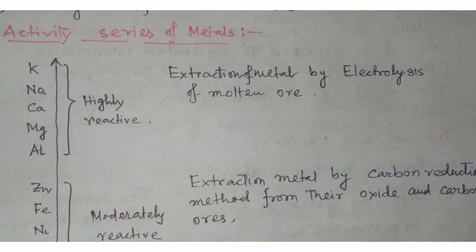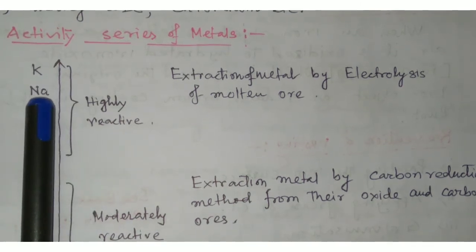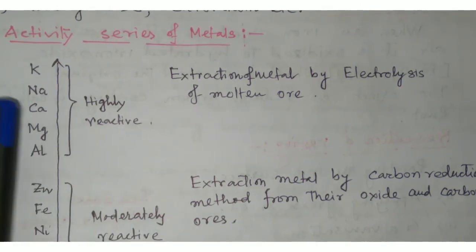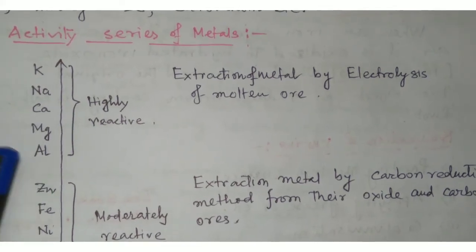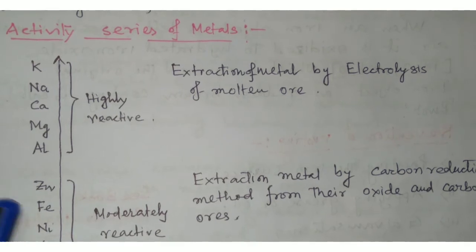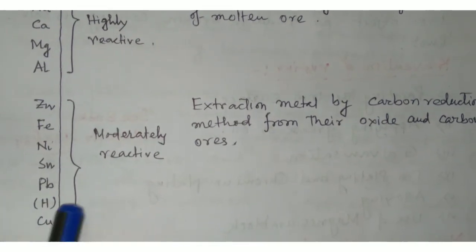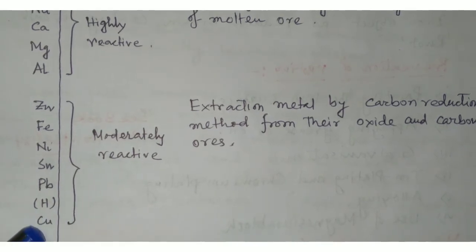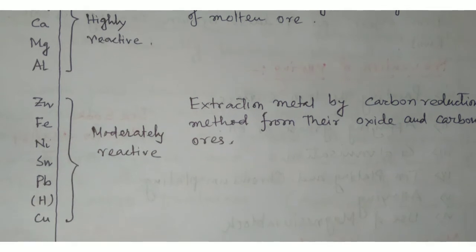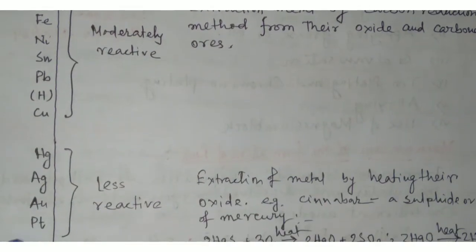The most reactive metals are potassium, sodium, after that calcium, magnesium, aluminium, zinc, iron, nickel, tin, lead, and hydrogen, which is a non-metal. Below hydrogen there are some metals, for example copper, mercury, silver, gold, platinum.